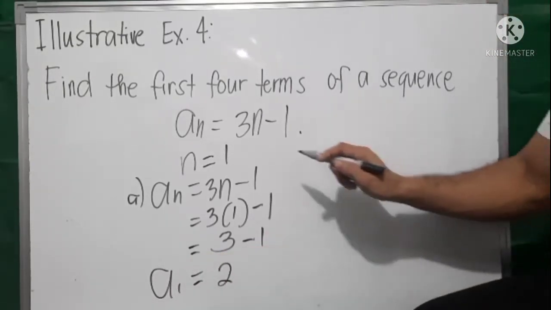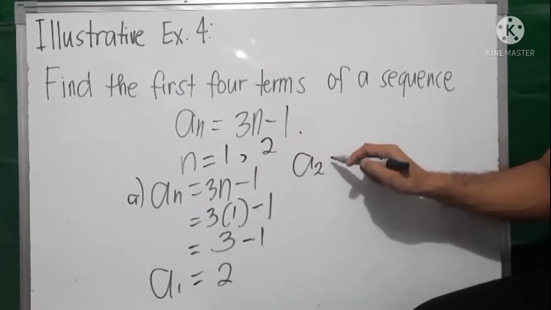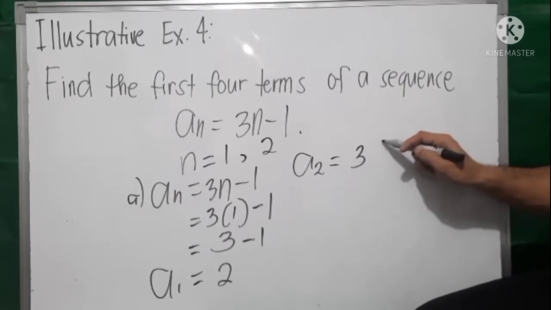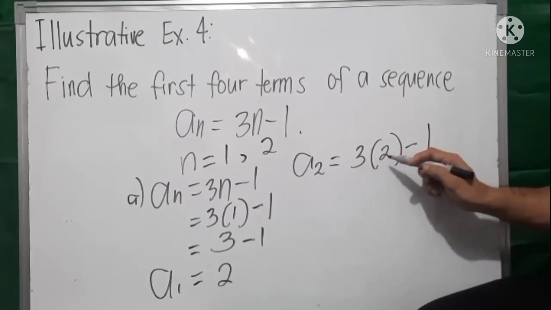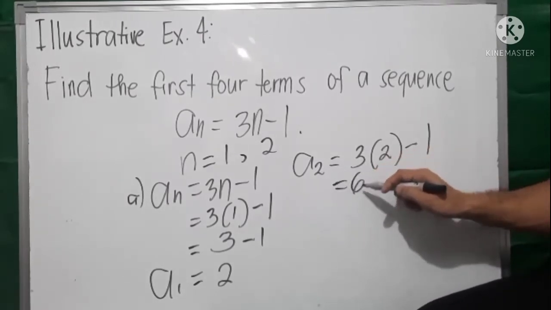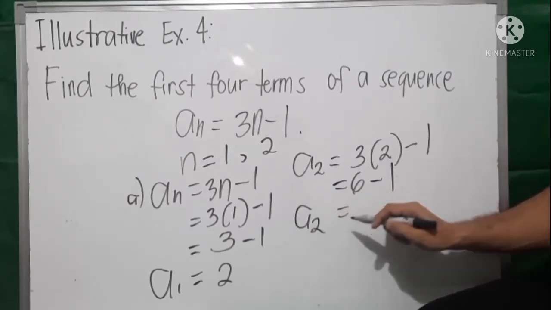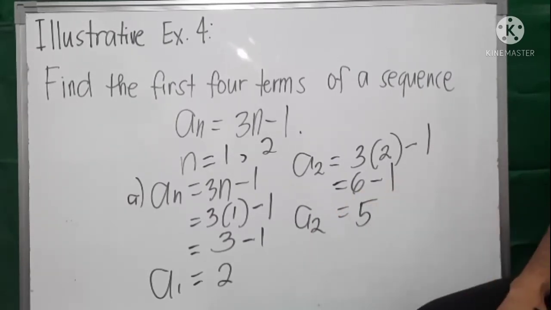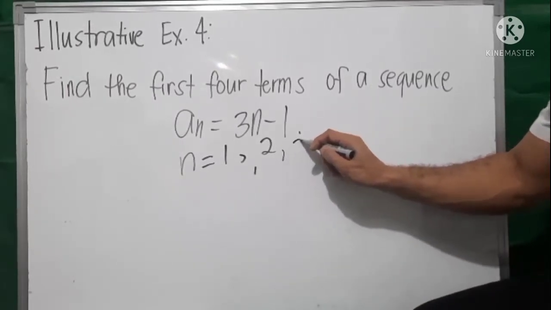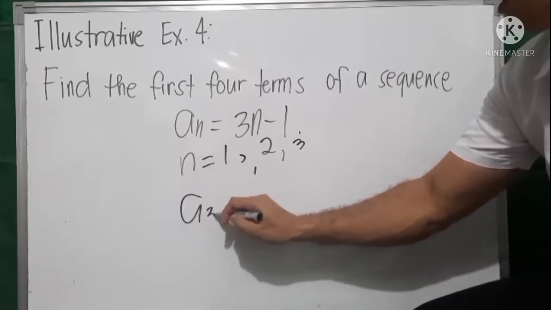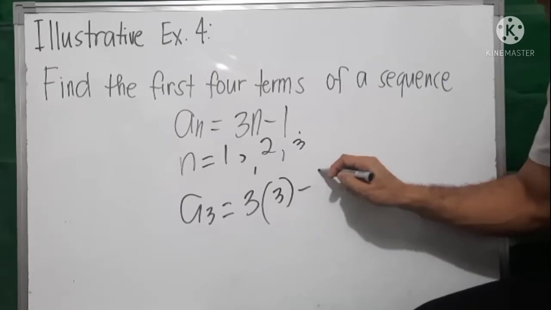To find a sub 2, we need to substitute n by 2. So a sub 2 equals 3 times 2 minus 1. Then let us simplify. 3 times 2 is equal to 6. Subtract it by 1. Then a sub 2 is equal to 5. To find a sub 3, substitute n by 3. So a sub 3 equals 3 times 3 minus 1.